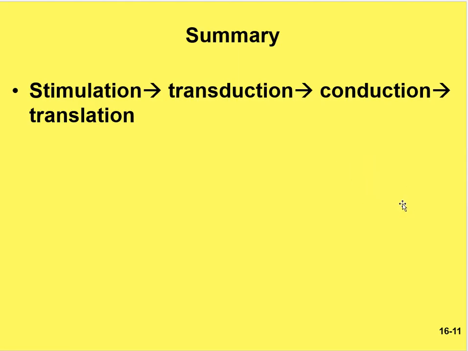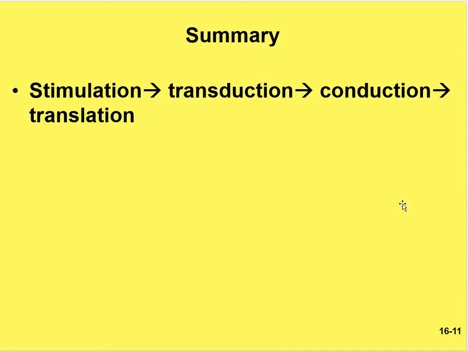So in summary, we're dealing with the receptors. There's first the stimulation of the receptor. Then there's the transduction. That's when it's turned into an action potential. Then there's the conduction. That's when it's propagated to the central nervous system.